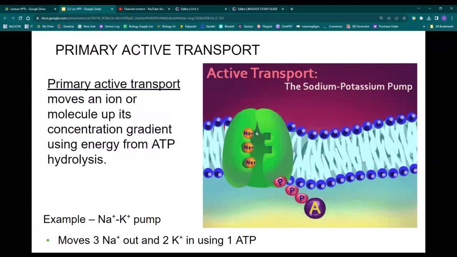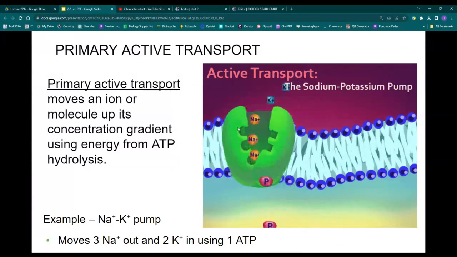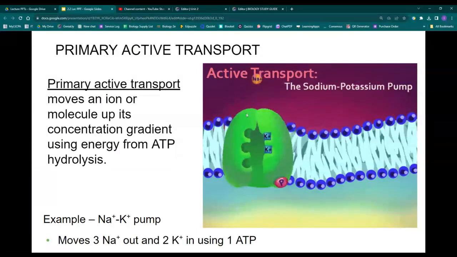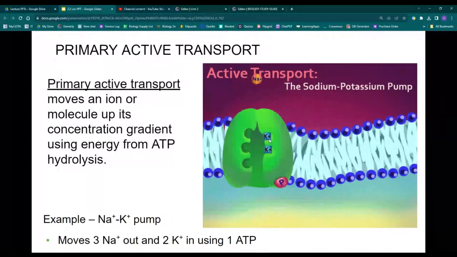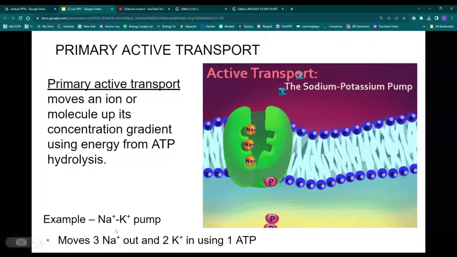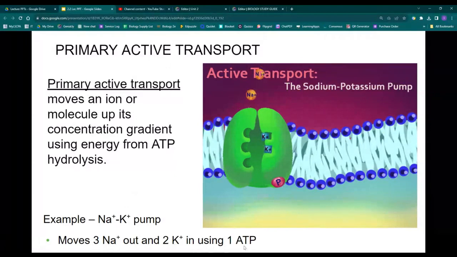And every single time this sodium-potassium pump changes shape, it has to use energy from an ATP. So you'll see this last phosphate breaking off, releasing energy, which changes the shape and allows 2 potassium to come in while 3 sodium exit. This is an example of primary active transport because it directly uses ATP.